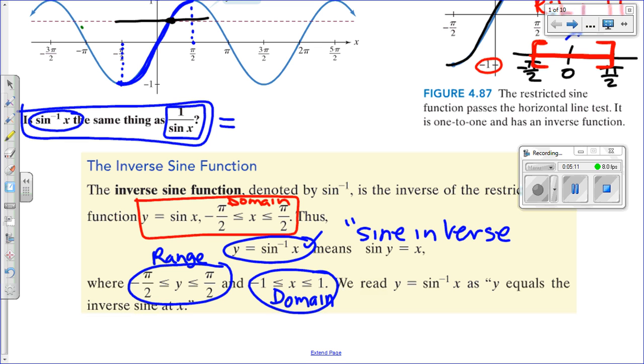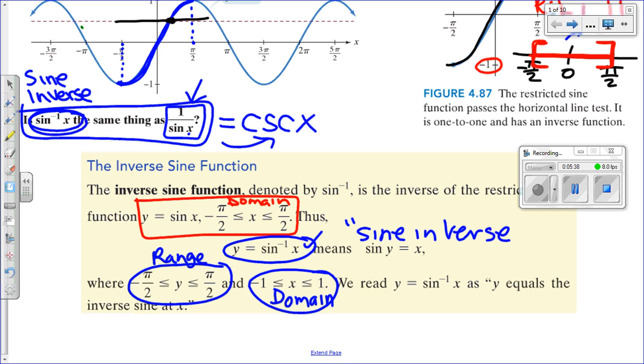Which one? Cosecant. So when you have 1 over sine, that means cosecant of the same angle, which is x. So if you notice, this is totally different. This is sine inverse, and this is the reciprocal of sine, which happens to be cosecant.